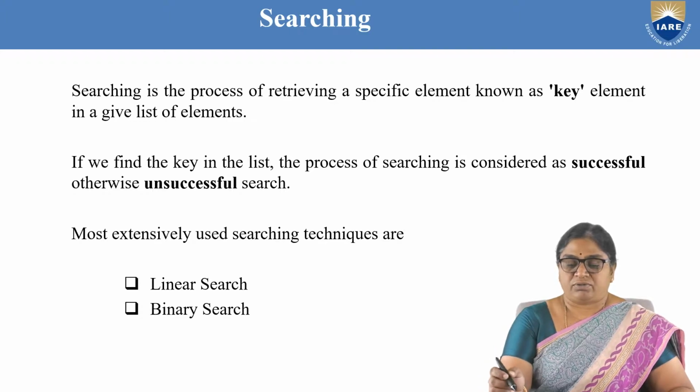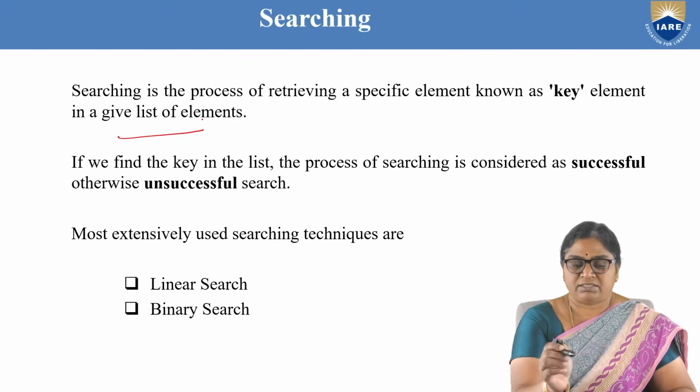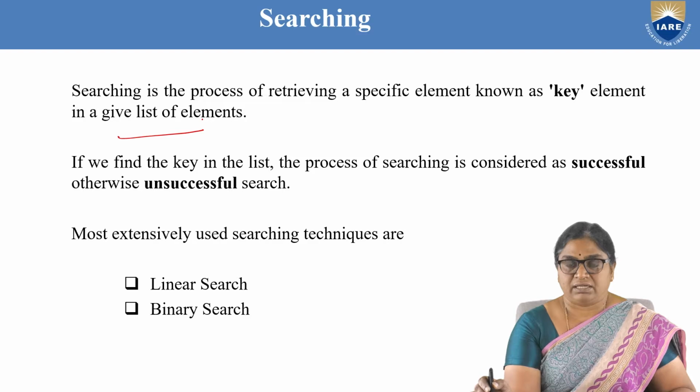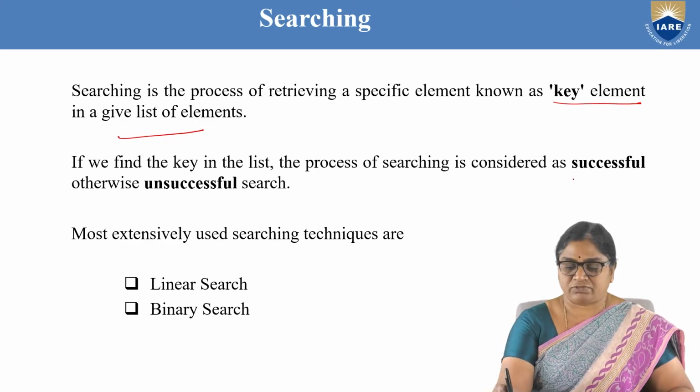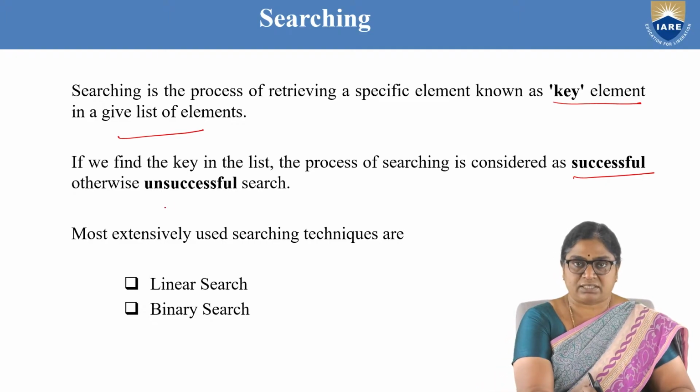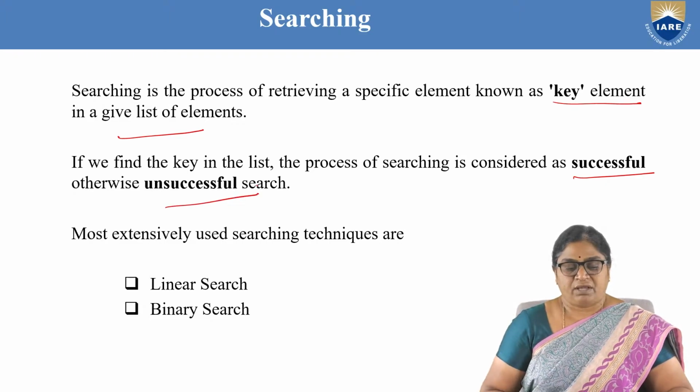So, in a given list of elements, we are trying to check whether the key element is present or not. If that element is present, then we will consider this operation as successful, otherwise unsuccessful search. The most extensively used searching algorithms are linear search and binary search.